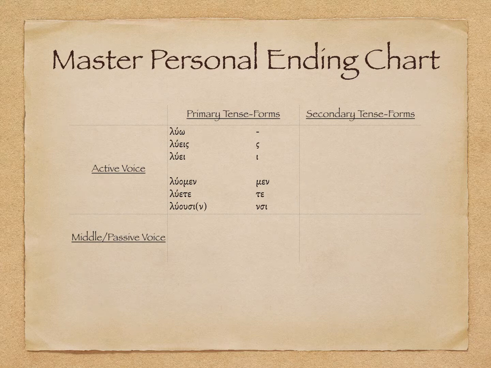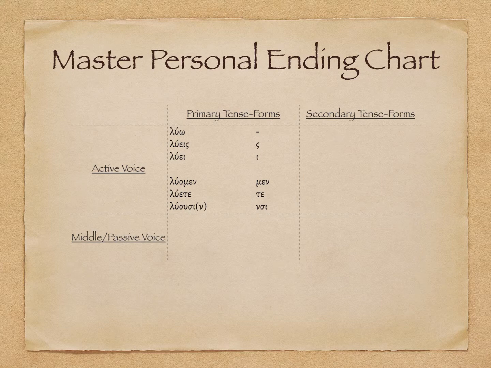There's no ending in the first singular, second singular the sigma, third singular the iota, first plural men, second plural te, third plural nsi, and remember the nu drops out.